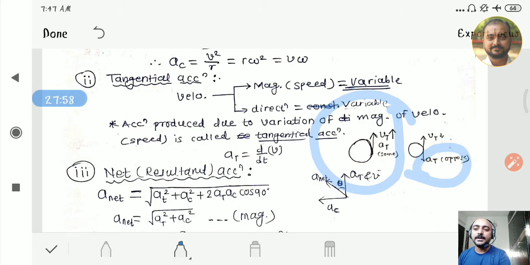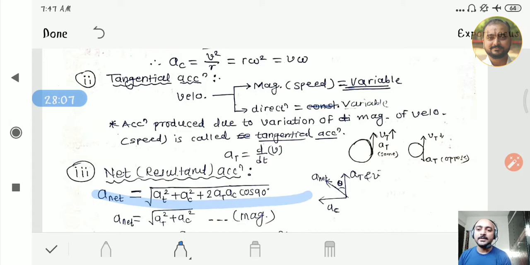The next formula is about the net acceleration. Using the resultant of two vectors, a_C and a_T, that is centripetal acceleration and tangential acceleration, we get the value of net acceleration here.